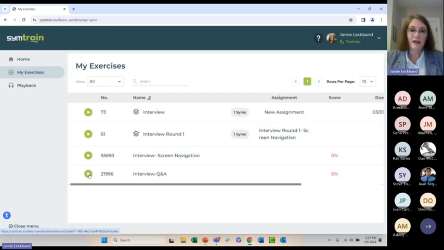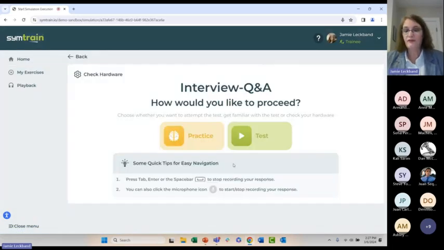And I will tell you that by using this sort of sim within the process, it will allow you to get a better gauge of those questions, because they have one attempt in which to answer it. Here, I'm just going to play a little bit of this and let you see how I've set up this Q&A.